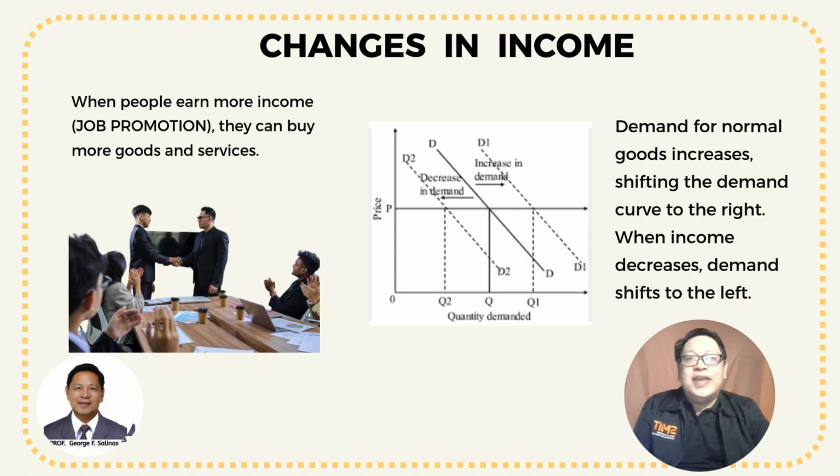And when demand increases, again, due to higher income, the demand curve shifts to the right. This indicates that at any given price, a greater quantity of the good is demanded. Conversely, when income decreases, people demand less of that good, causing the demand curve to shift to the left.